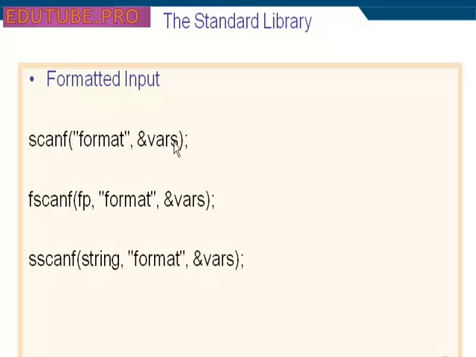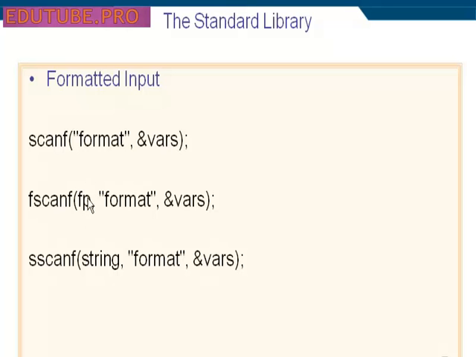We have to provide addresses of the variables, not just the variables themselves, because those would be the current values, and we don't care what the values currently are. We want where they are, because scanf is going to read information from standard in, reformat it according to the format string, and place it into those variable locations.